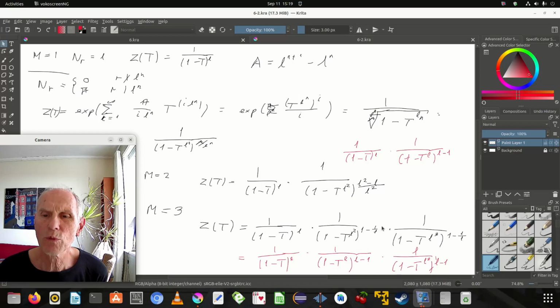So this is a little weird. And then it felt wrong that we went from 1 minus t to 1 minus t to L squared, whereas the 1 minus t to the Lth. That was weird. And then just when watching it now, I realized that this was wrong.